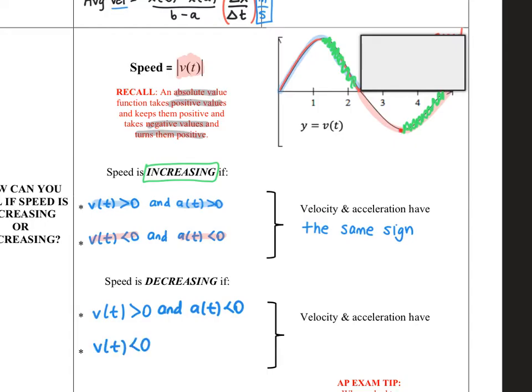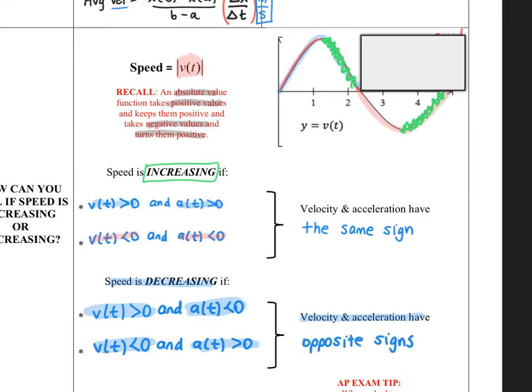And looking at my acceleration on that same interval, I see my acceleration is positive because my velocity is increasing. On these intervals of decreasing speed, what I see in my relationship between velocity and acceleration is I have a positive velocity with a negative acceleration, or I have a negative velocity with a positive acceleration. In other words, my velocity and acceleration are going to have opposite signs.